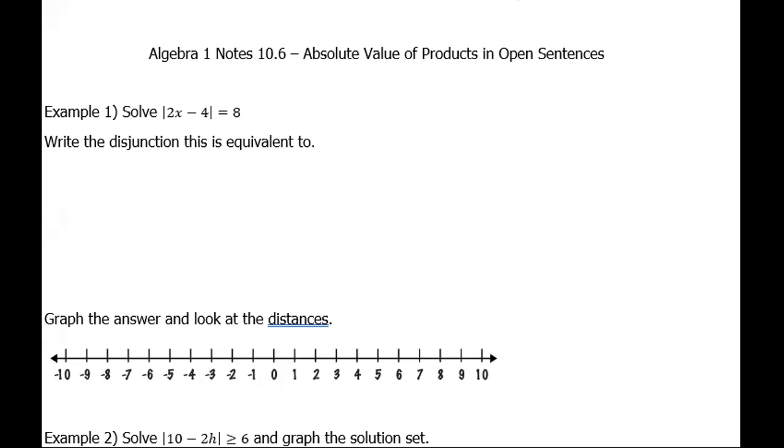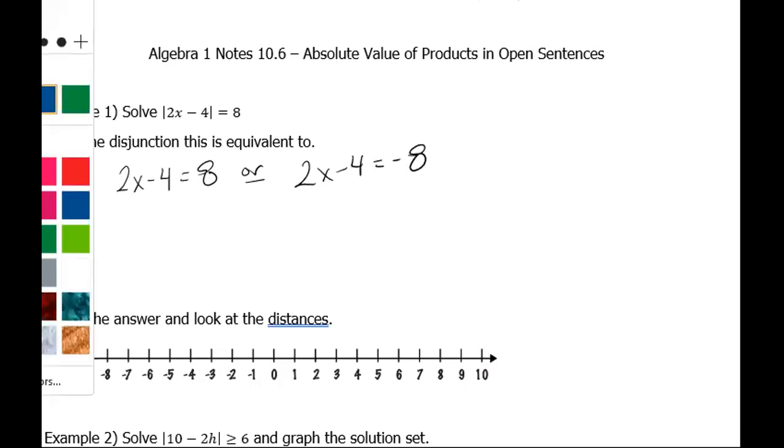If we write the disjunction that this is equivalent to, it's just the same as the other one. 2x minus 4 is equal to 8, or 2x minus 4 is equal to negative 8. And we can solve it that way.